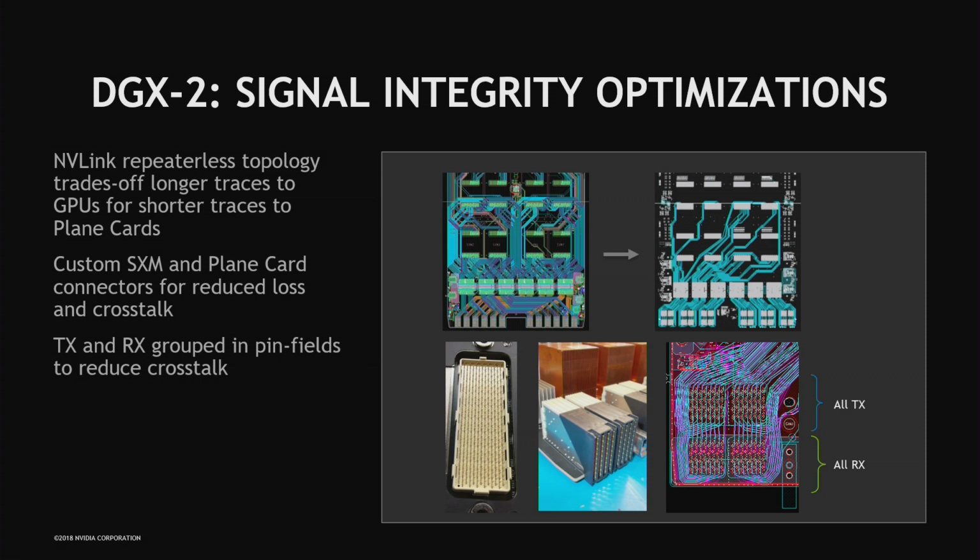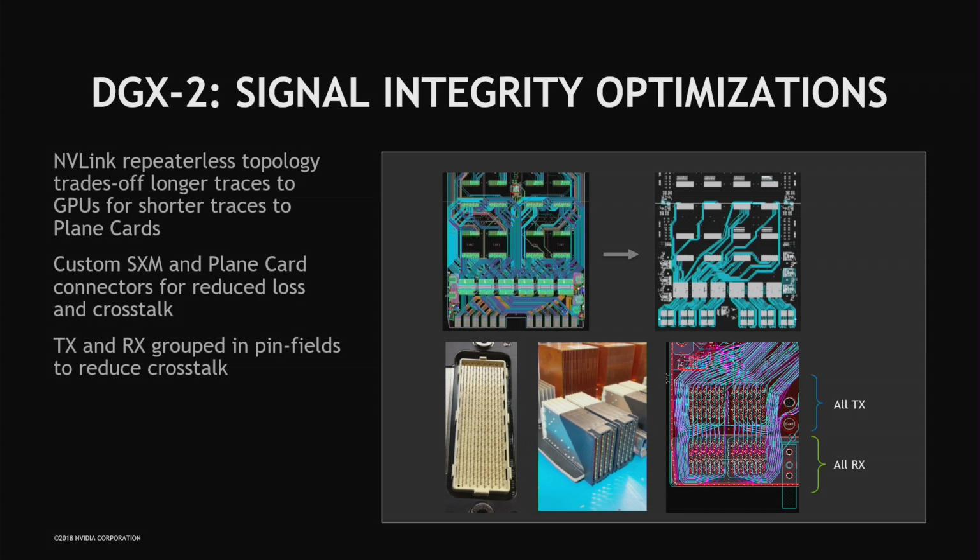And that had a bunch of advantages, but it had the big disadvantage that we needed these long crossover paths to get from one triplet of switches to the other triplet of switches. And those crossover paths were just totally killing us, both with respect to signal integrity and in board area, because they ate up a lot of area.